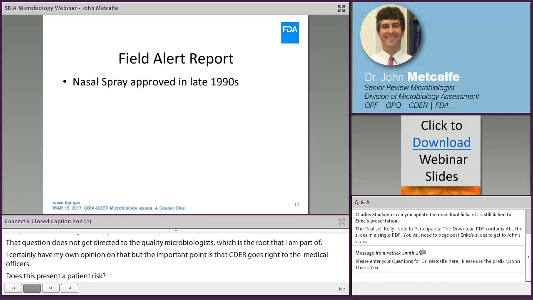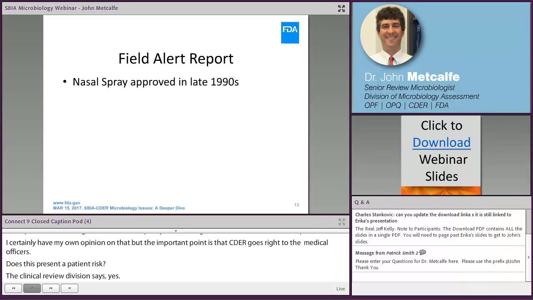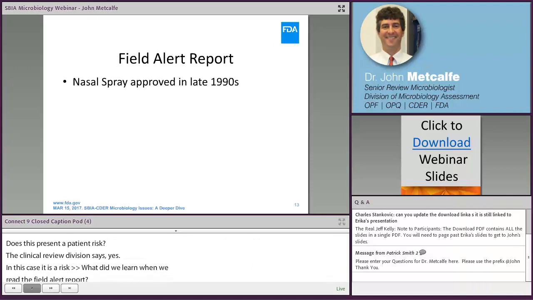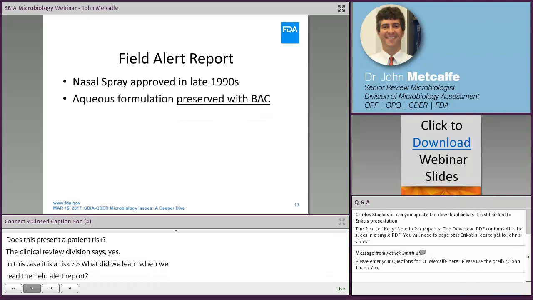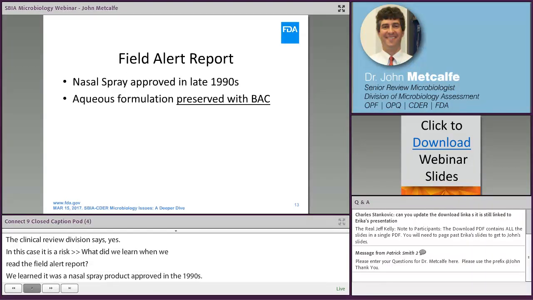So what did we learn when we read the field alert report? We learned, first of all, that this was a nasal spray product. It was approved in the 1990s. Relatively speaking, that's an old product. When I say relatively speaking, I mean in my experience.